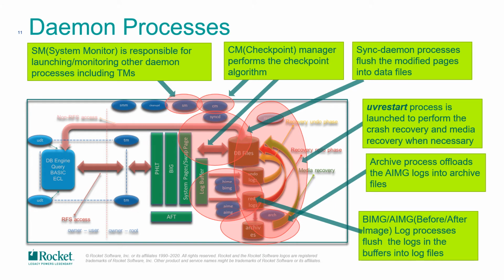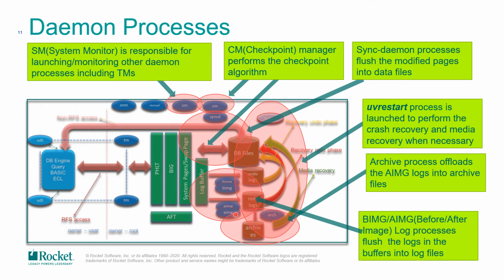The checkpoint Daemon process mainly performs the checkpoint algorithm, and the sync Daemon process flushes the dirty, modified pages to the data files to help the checkpoint algorithm. The before image log process and after image log process are responsible for flushing the log buffer content to their log files.